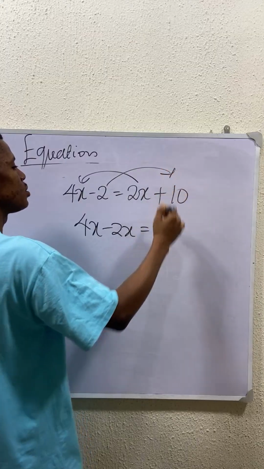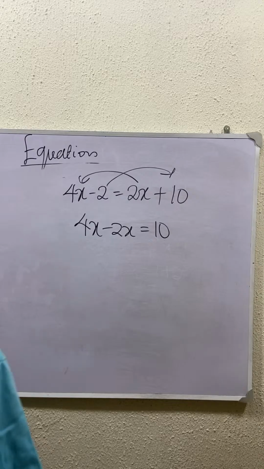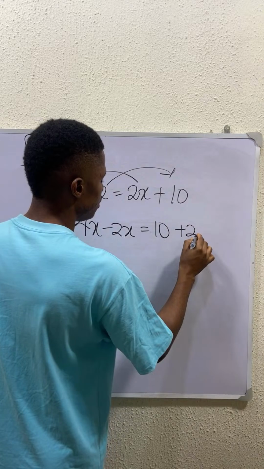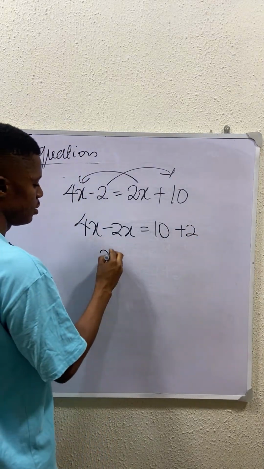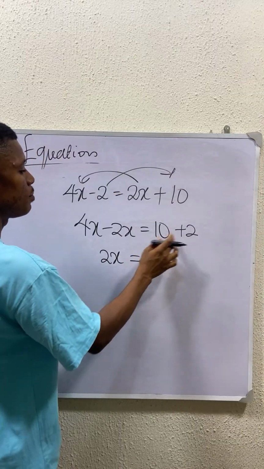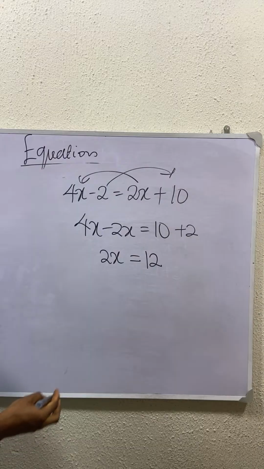Once this minus 2x is crossing equality, it also becomes what? It becomes positive, and if it becomes positive, you just have to add 2. So 4x minus 2x is 2x, and that's equals to 10 plus 2 is 12. To get the value of x is very simple.